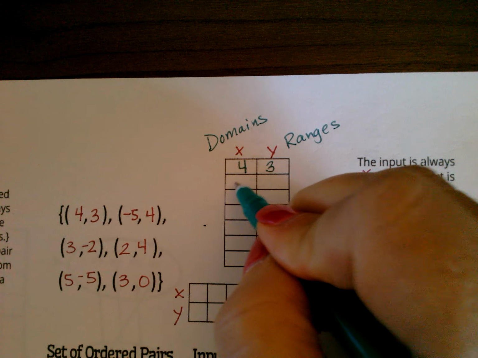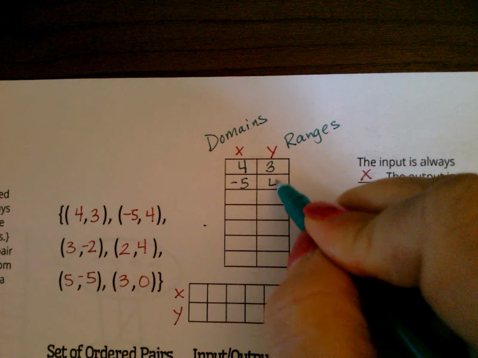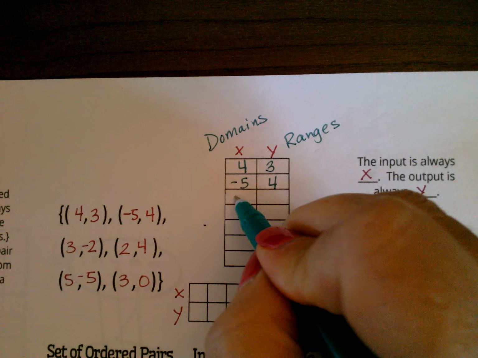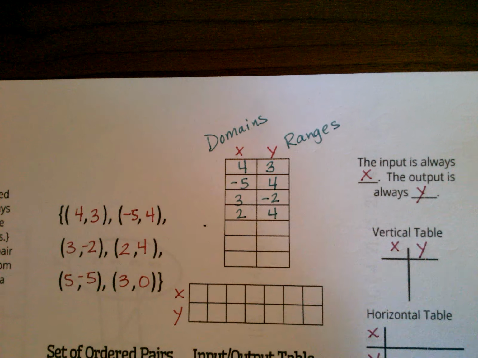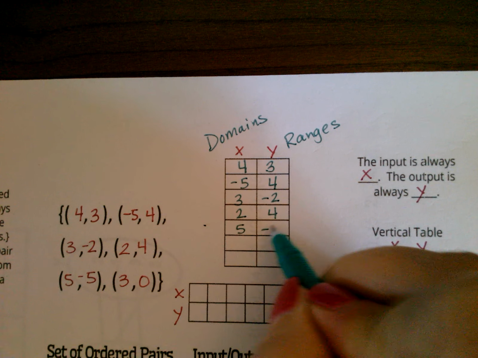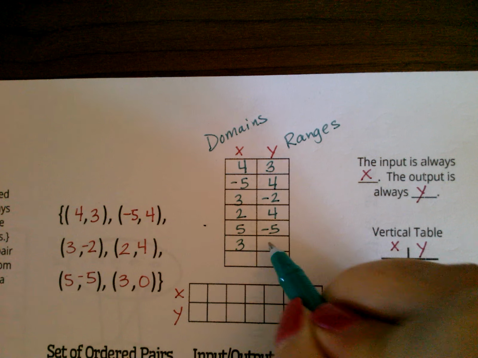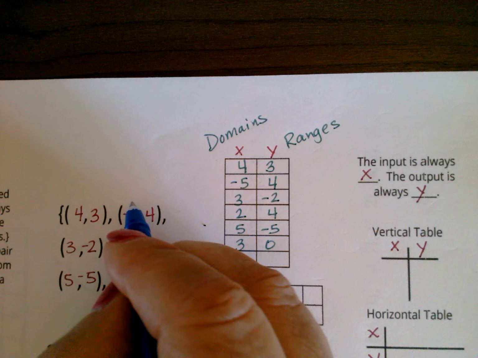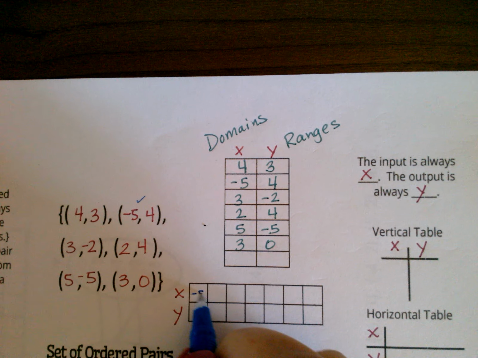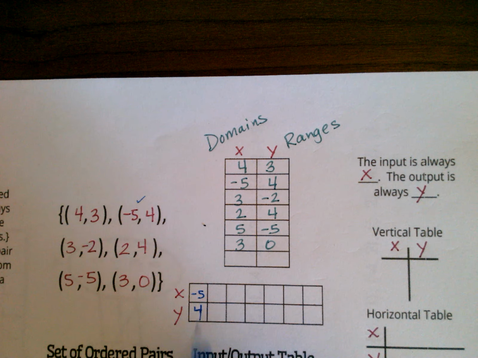So I will just rewrite. Typically, when we're making tables, we like the x's to be in numerical order. So when I make my horizontal table, I will now put my x's in numerical order with the smallest one first. So that would be -5, 4.